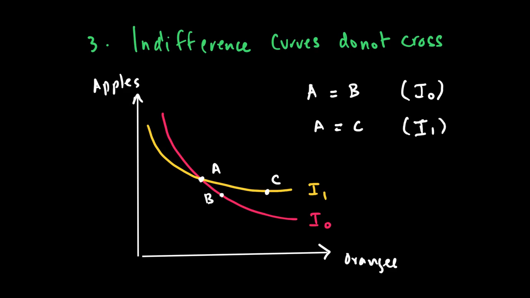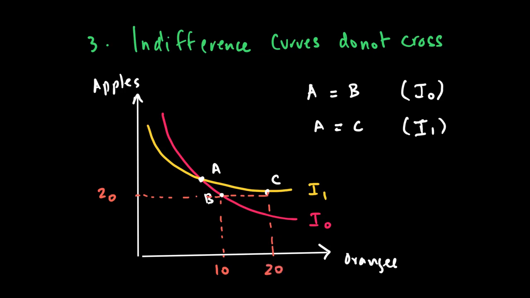Now you can see that if a consumer looks at C versus B, and I draw this point, then let's say combination B was giving me 20 of apples and 10 of oranges, while combination C is giving me the same 20 of apples, but 20 of oranges.